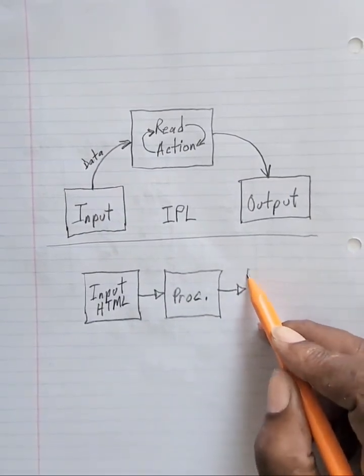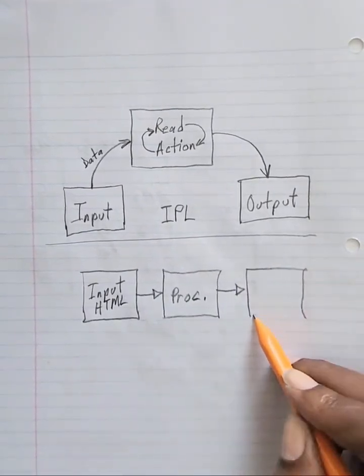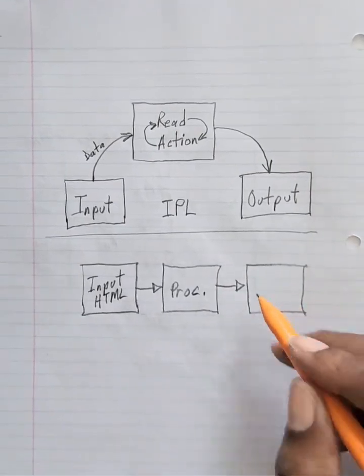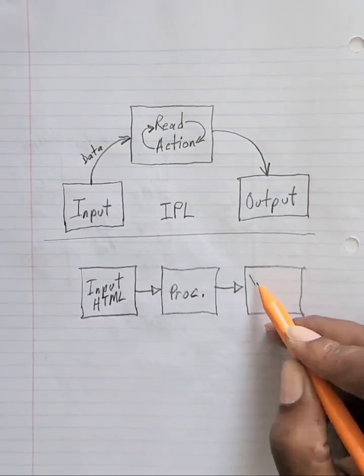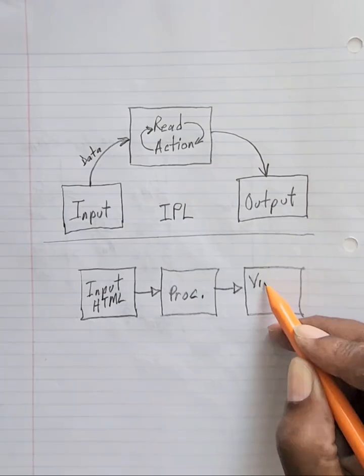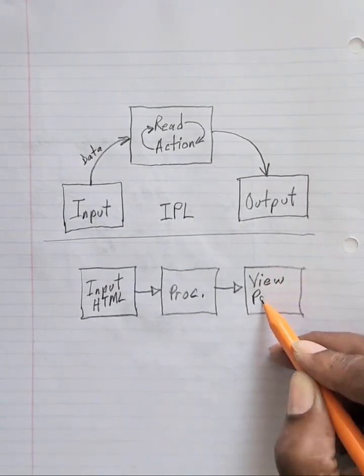This is very basic, very general conversation about what actually happens. The browser is very sophisticated, just like we are. And it's displayed on a viewport, where we can see.